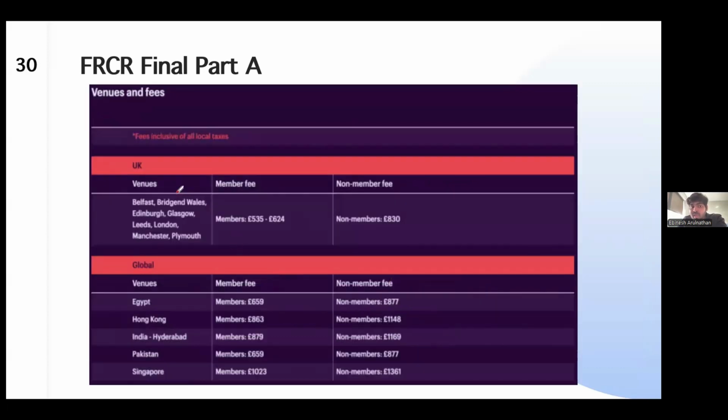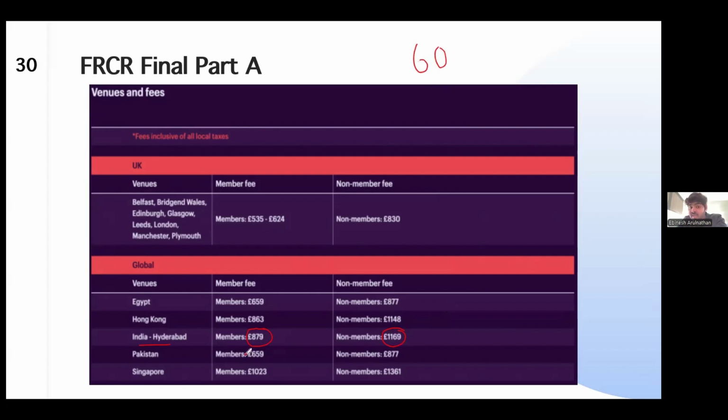The booking fees for 2026, if you plan to write in India, for members it is 879 pounds, and for non-members it is 1169 pounds. If you are a resident and listening to this, I would suggest that you get an RCR membership during your residency, because it hardly costs 60 pounds per year.